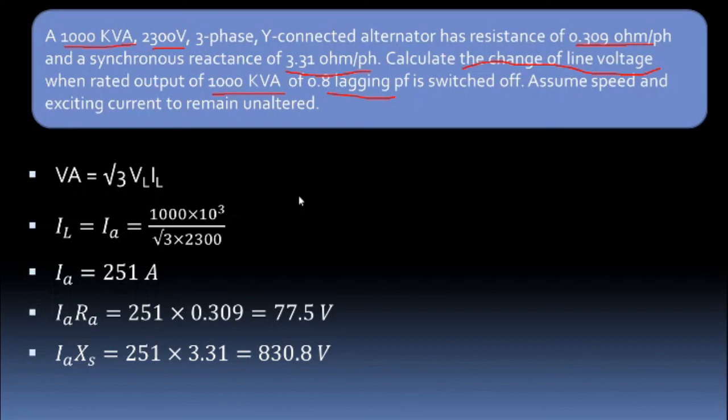Now to calculate a change in a line voltage, you need to find out first of all EMF induced per phase. So we will use the formula for lagging load and we will find out EMF induced per phase. Yeah, you need to have voltage per phase as well.